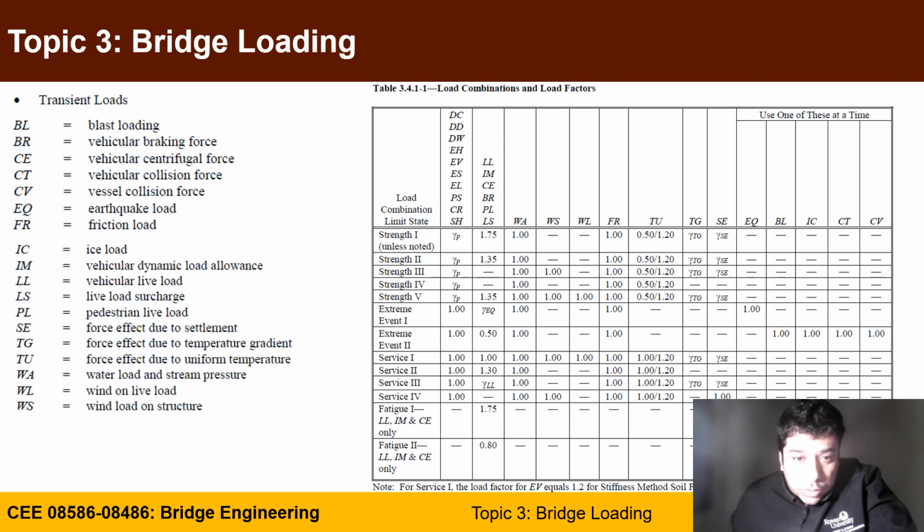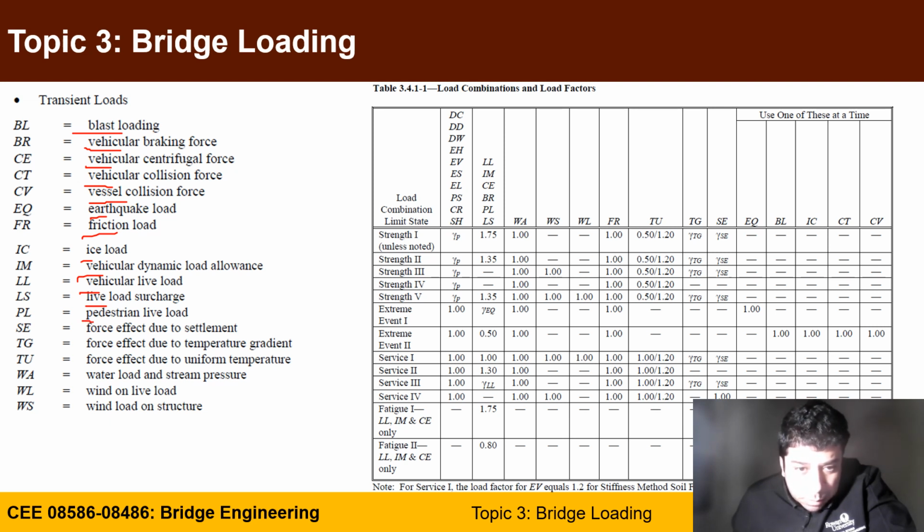Other transit loads: you have blast loading, BL; vehicle braking force, BR; centrifugal force, CE; vehicle collision, CT; vessel collision, CV; earthquake, EQ; friction load, FR; ice load, IC; IM, vehicular dynamic load allowance; LL is live load from vehicular; LS, live load surcharge on a soil, when the live load moves on the soil.